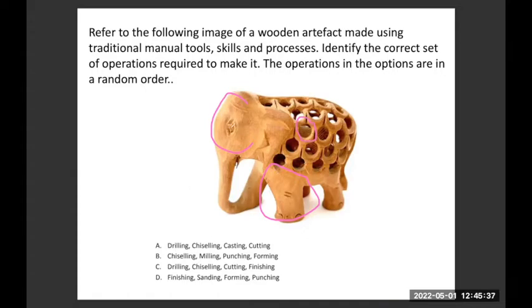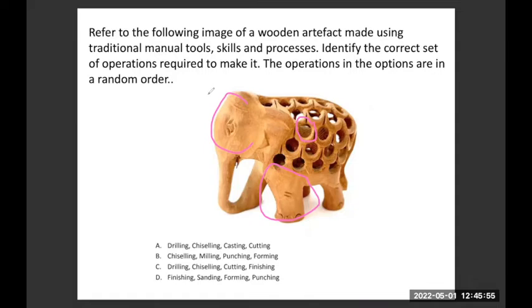Chiseling is done to give a larger form. So we chisel an object to give a larger form that you can see. So I will say yes, by default, chiseling is a part of this process. Cutting naturally is involved in this kind of artifact.